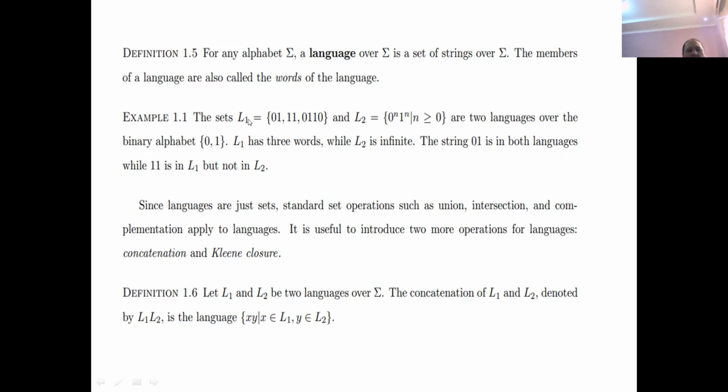Example: the set L1, for example, this one, and L2, this. These are two languages over the binary alphabet, 0 and 1. Why? Because this one is the alphabet, and L1 and L2 are languages.